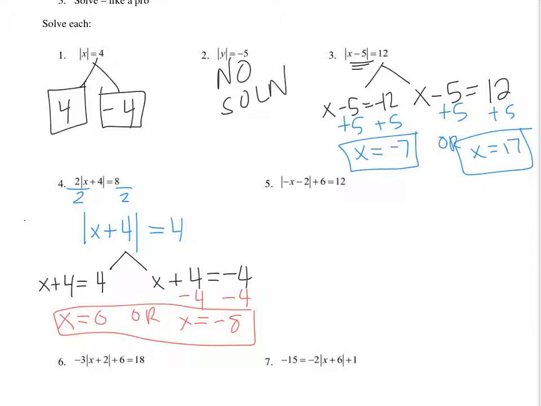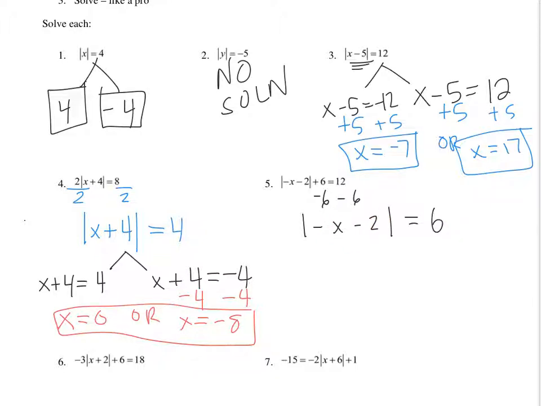Okay, number 6, I have to get the absolute value by itself. So I'm going to subtract 6 from each side. So I'll get negative x minus 2 equals 6. Now just because there's a negative doesn't mean it's no solution. It's got to be the absolute value equaling a negative number.